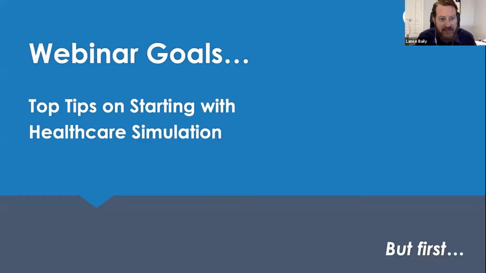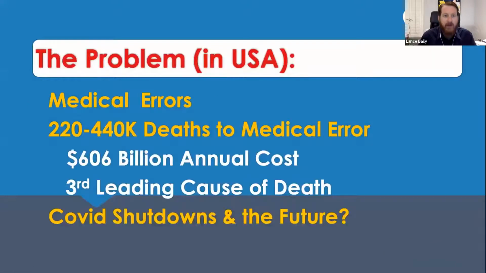So obviously our goal today is going to be talking about the top tips on starting with healthcare simulation, right? But first, let's think about some of the problems and issues that simulation might help us to address. So in the United States, medical errors are estimated to cause 220 to 440,000 deaths a year in the United States alone.